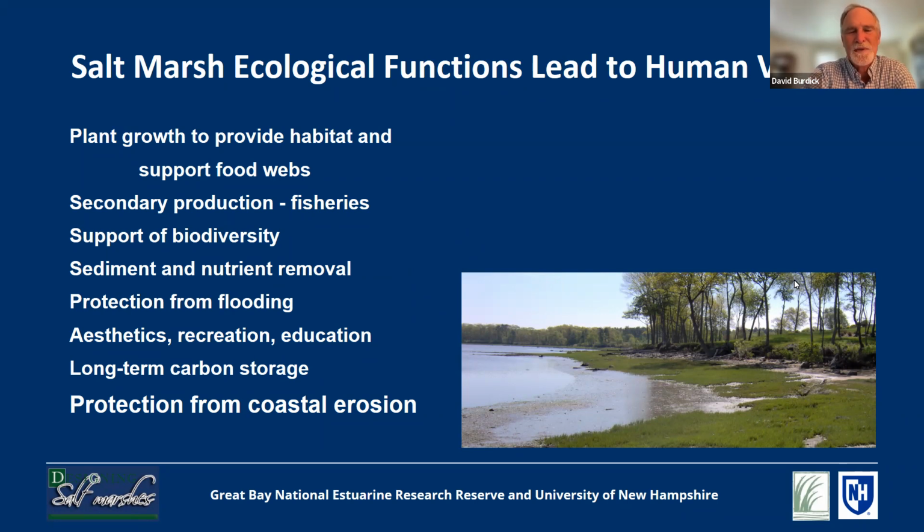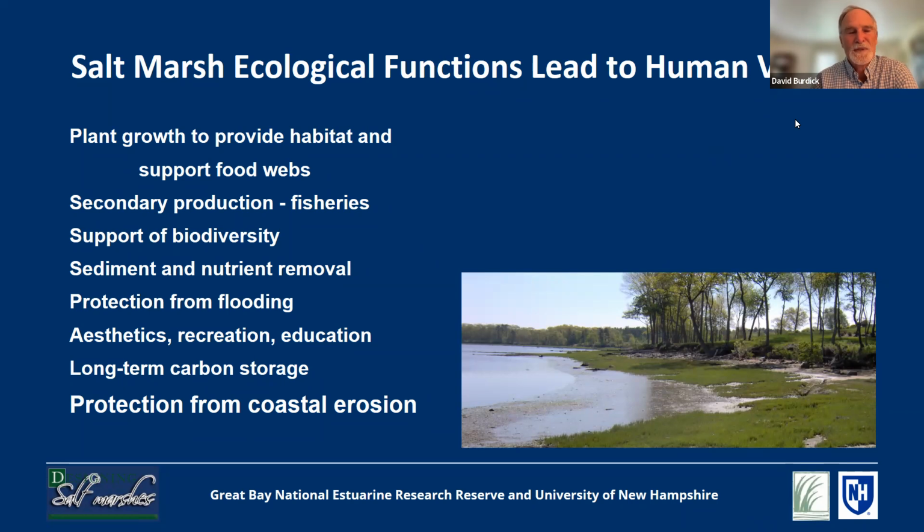They're very productive, and they're productive up through secondary food webs, the secondary production of invertebrates and fishes. And they support biodiversity because they support endemic species like the sharp-tailed sparrow, as well as plants that only grow in this area.